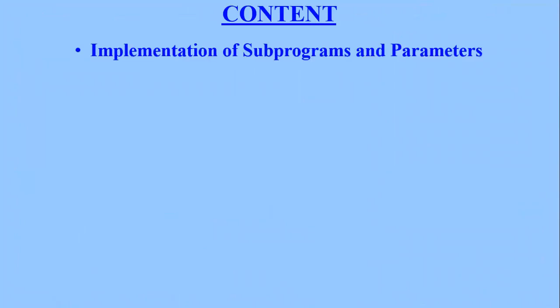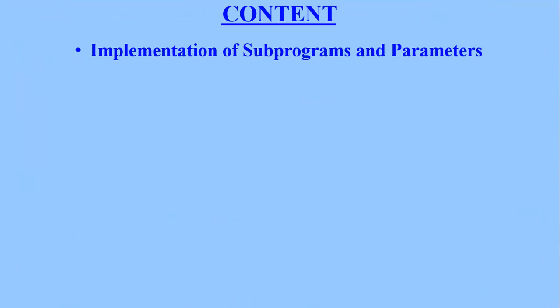In this tutorial, I'm going to look at how we implement subprograms and parameters in C and Pascal. This is a follow-up to part 18 and 19 in this series.